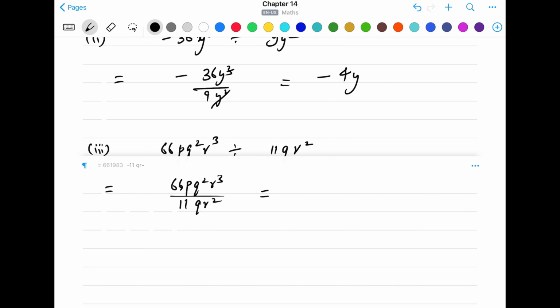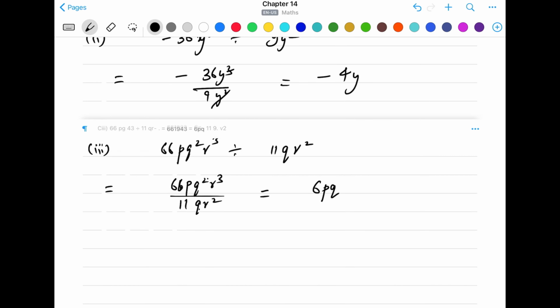So 66 divided by 11 will give us 6 here. This 1 power of p will cancel the 1 power of p here, and we're left with q square. Similarly, the 2 powers of r will cancel in the denominator, so we're left with only r.